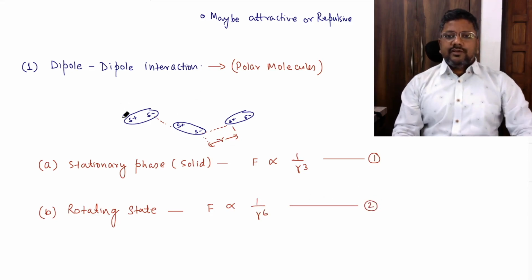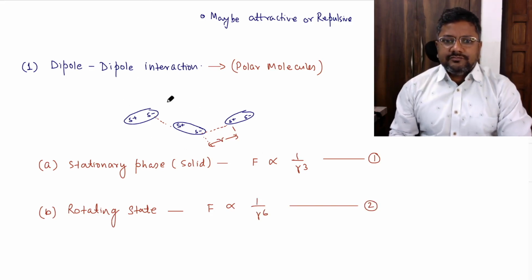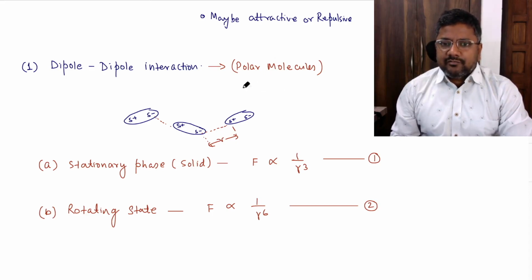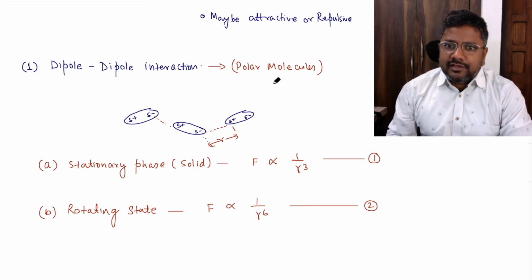So this is the first kind of attraction, dipole-dipole interaction. This will be observed between polar molecules. For example, if you take water molecule, or HCl molecule, or ammonia molecule.